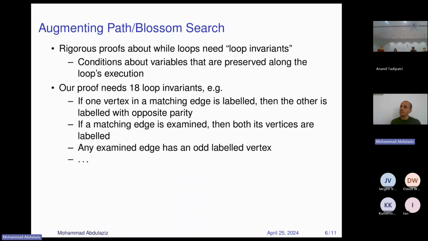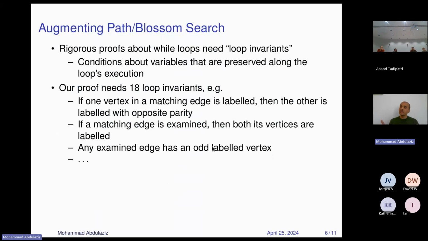When I say 18, I don't mean properties that are uninteresting, or that are just an artifact of the fact that we're formally proving the algorithm correct. No, these are mathematically meaningful properties. For example, any examined edge has an odd labeled vertex, properties like that.